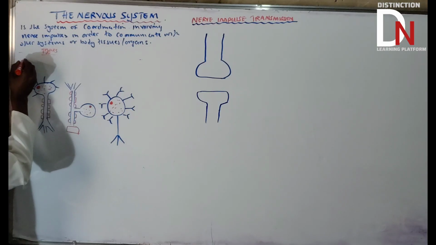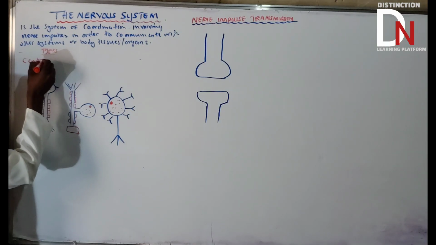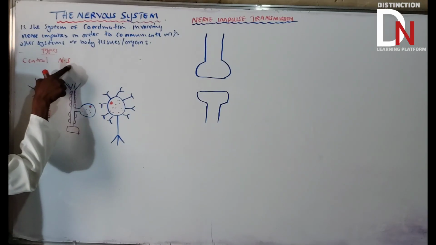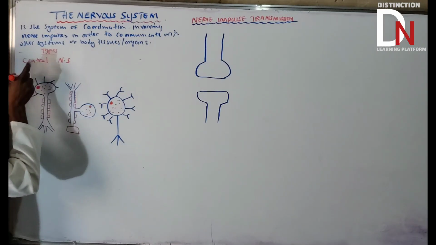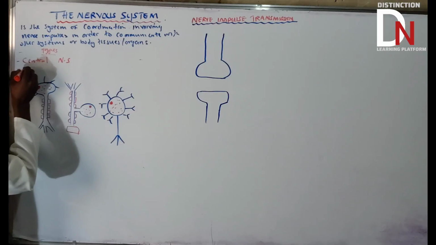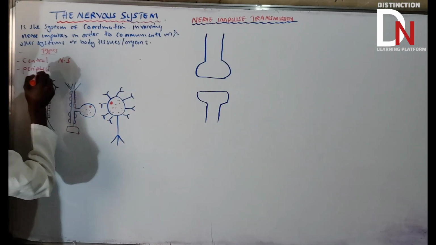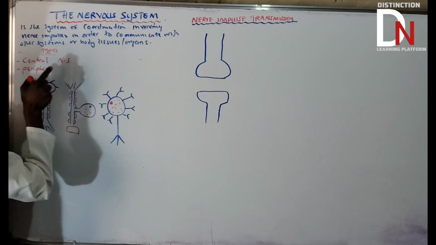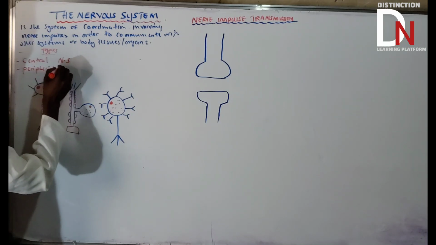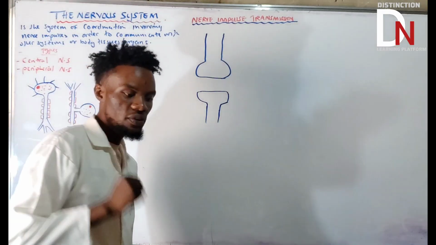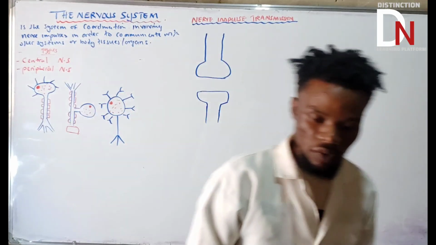The first one is what we call the central nervous system. NS stands for nervous system. So there's the central nervous system, and the second one is the peripheral nervous system. Two types.